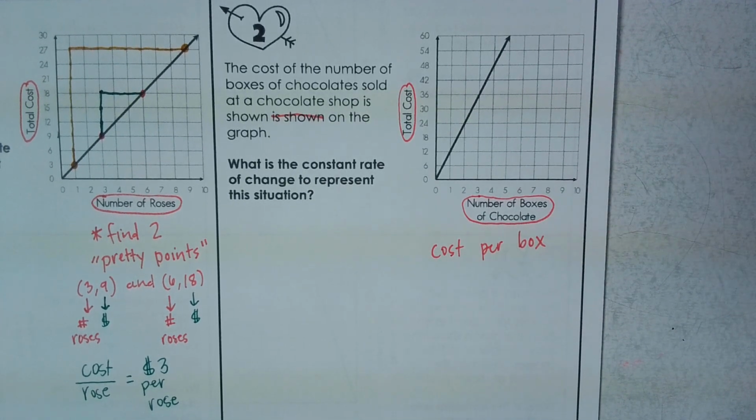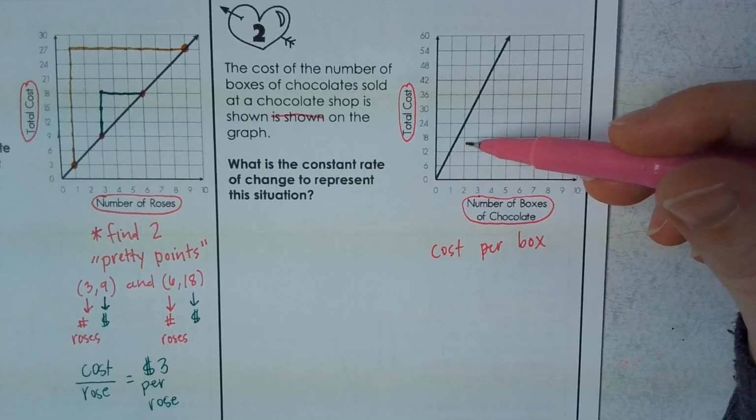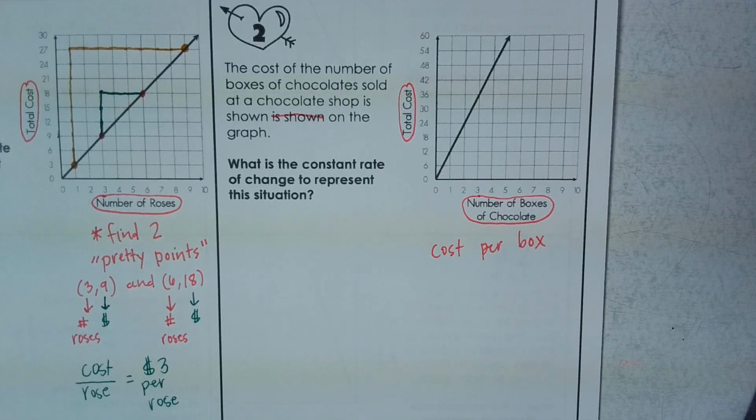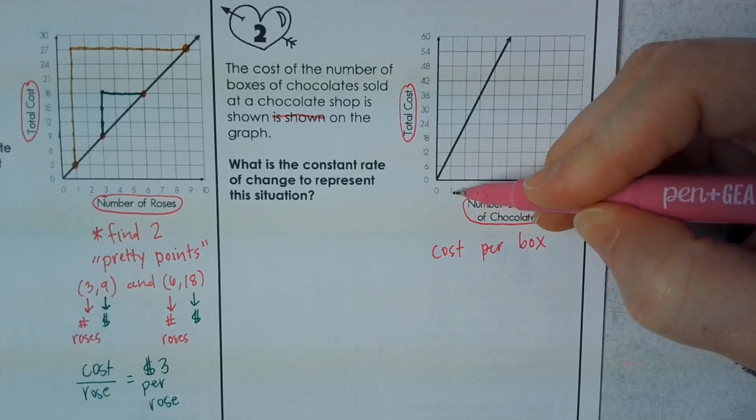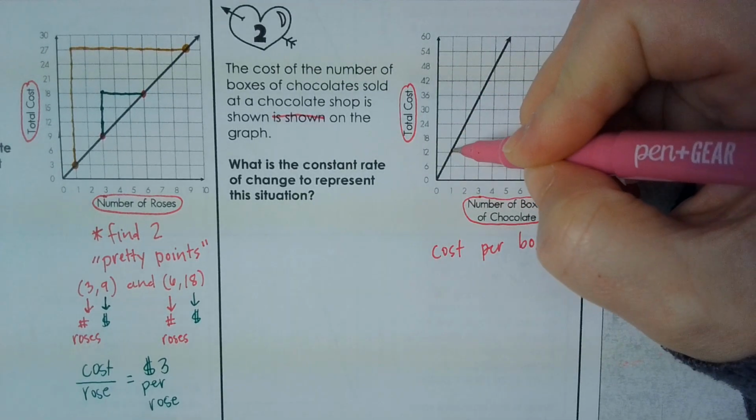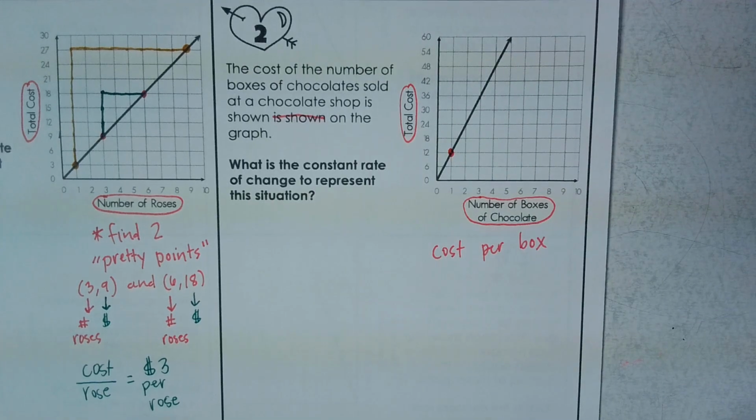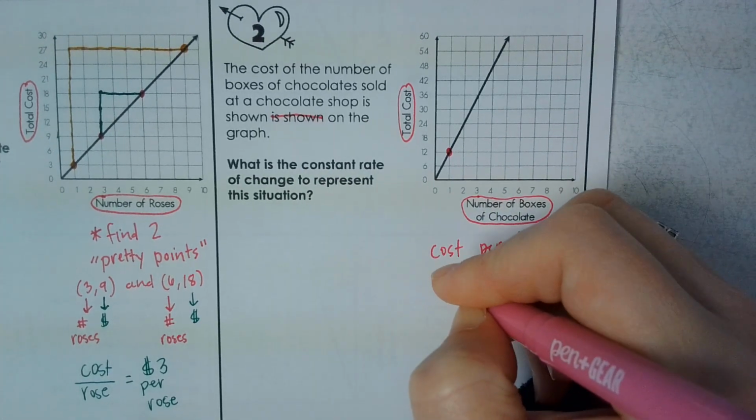If we're finding the unit rate, how much, according to the graph, is 1 box of chocolate? $6? Is it 6? 1 box is, it's here. I see it. So how much is 1 box? $12. Yes, $12. So you could stop right there and be done.